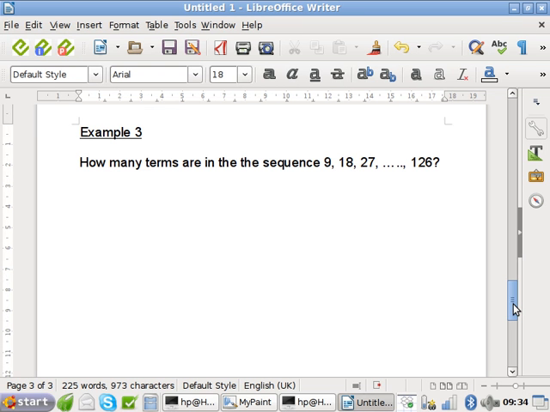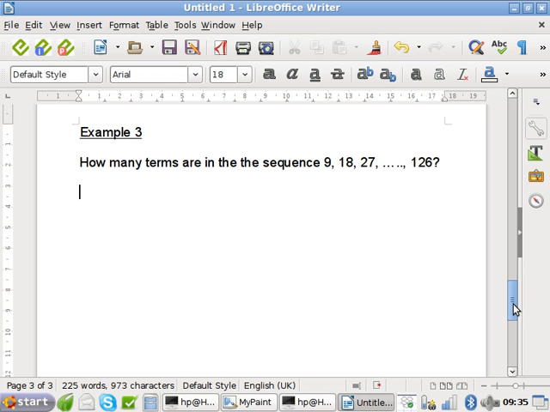Find the nth term formula first. Yeah, so you're saying find the formula for the nth term first, correct? By using the first term and finding the common difference. And then? Substitute it with 126. That's it, yeah, that's it.